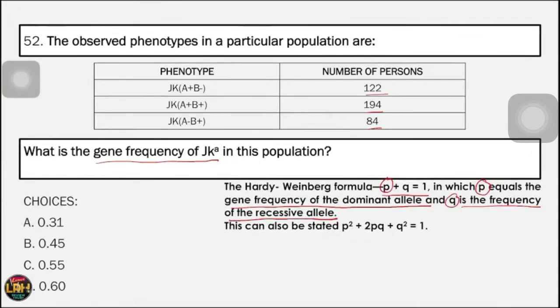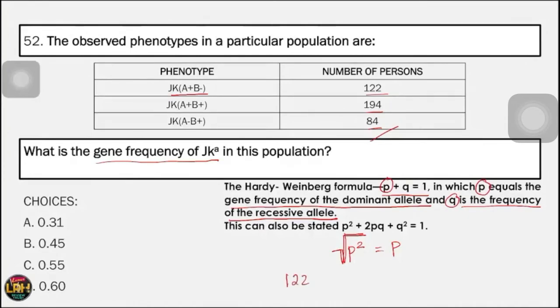In this case, the homozygous trait or population in this observation is the Jka positive, Jkb negative. So with the value of p squared, we need to get the square root of p squared for us to get the value of p. Out of 400 people, the total number of persons in this population, there were 122.